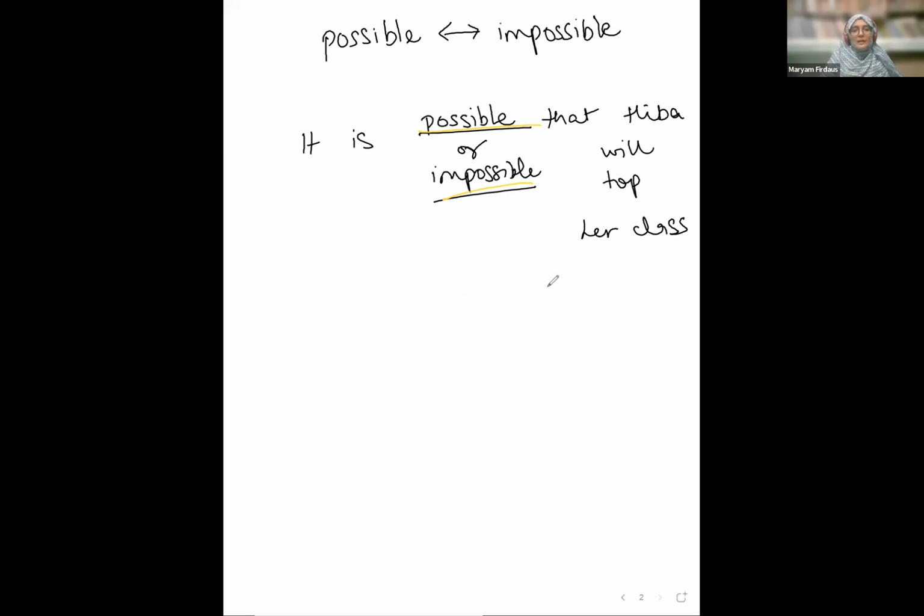Now tell me, for example, the place where you live, Hiba, has it ever snowed there? Does it snow there? It doesn't snow in India. You live in Riyadh, right? Yeah.